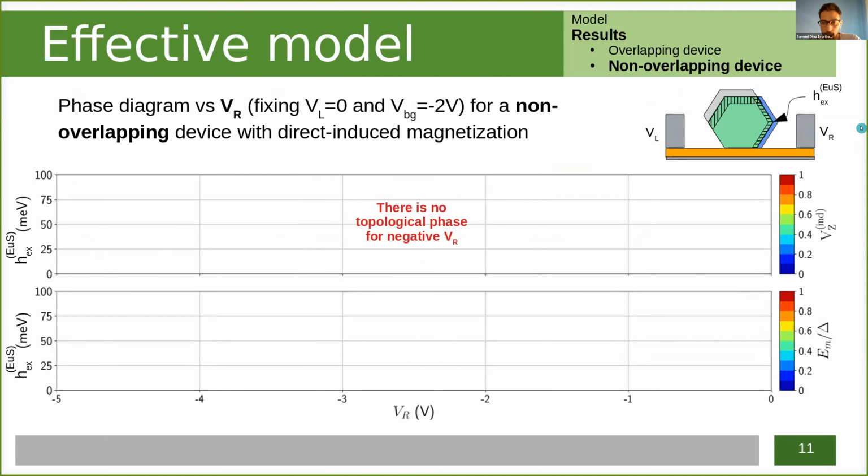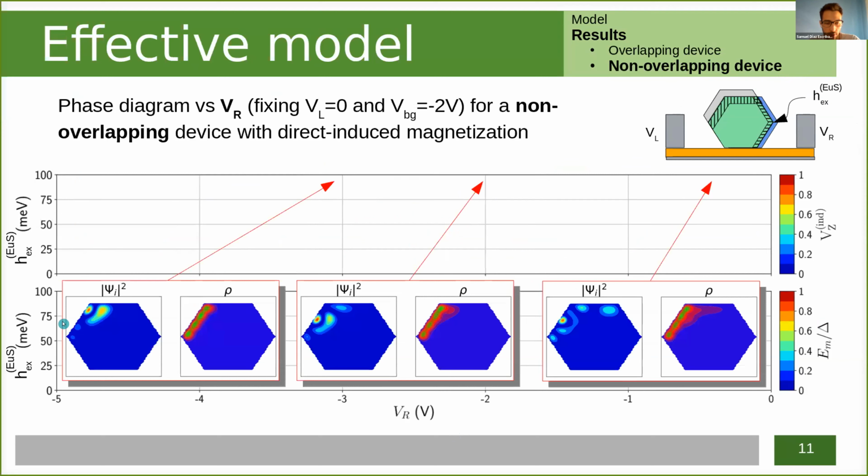If one computes now the same topological phase diagram for the non-overlapping device, what we see is that there is no topological phase for negative right side gates. And this is because the wave function is mainly localized in these three cases in the aluminum indium arsenide interface, which means that there is no induced Zeeman field.